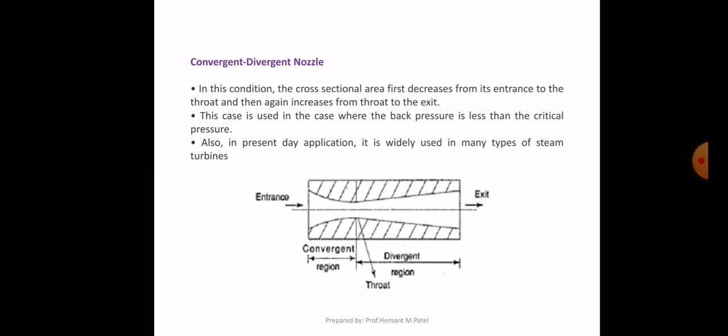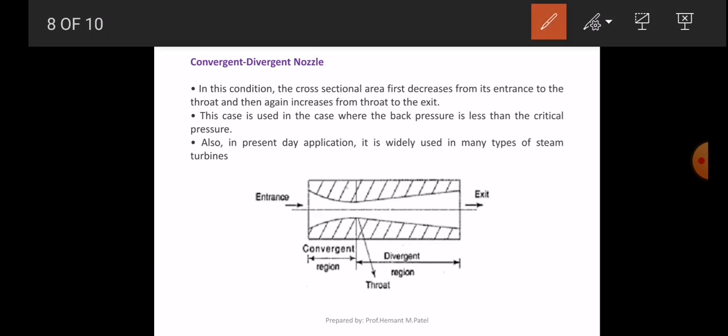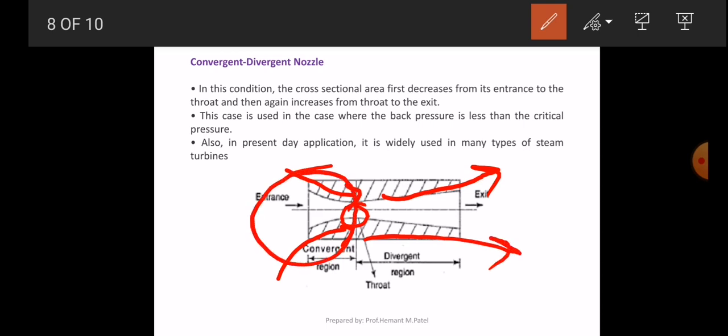And this is the third one, the convergent divergent nozzle. In this condition, the cross sectional area first decreases from its entrance to the throat, and then again increases from throat to exit. So this is the convergent region, this is the divergent region, and this is the throat, right?